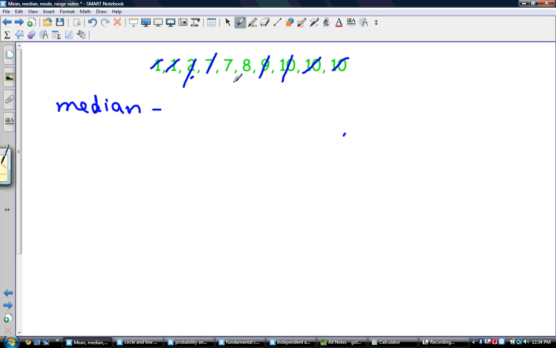So 2 in the middle are 7 and 8. So in order to find the median, I'm going to do 7 plus 8 divided by 2, which will give me 15 divided by 2, or 7.5.